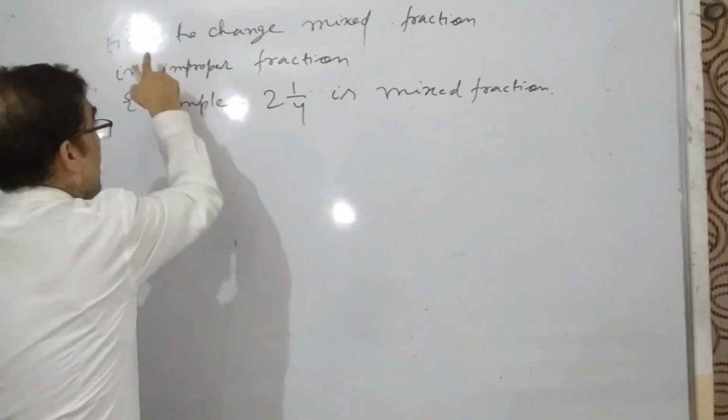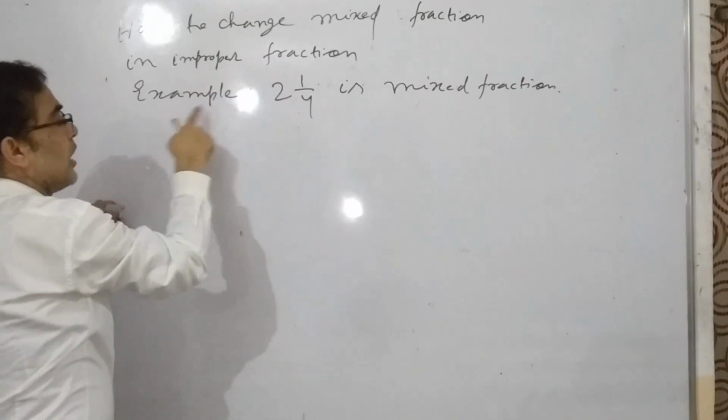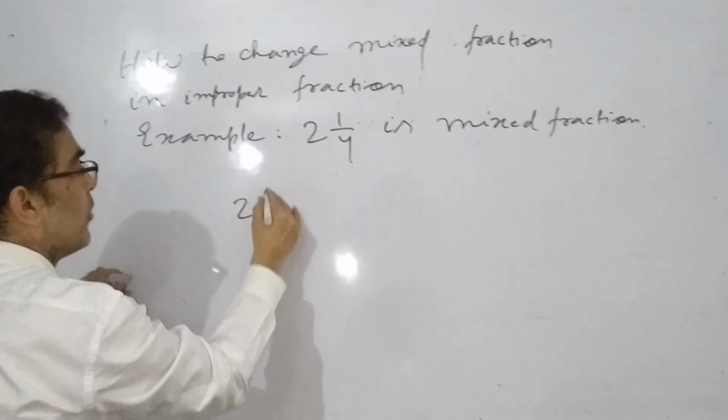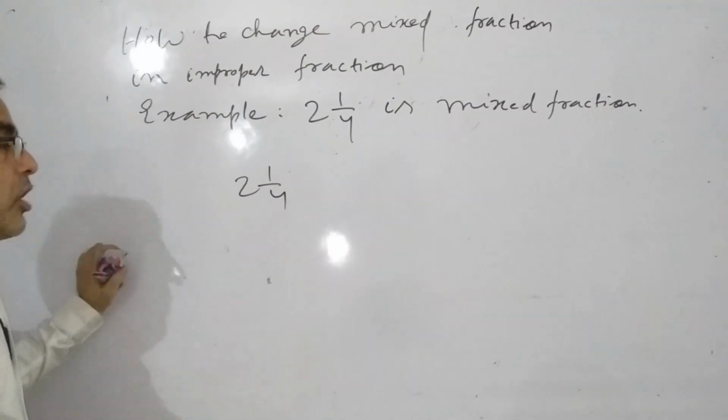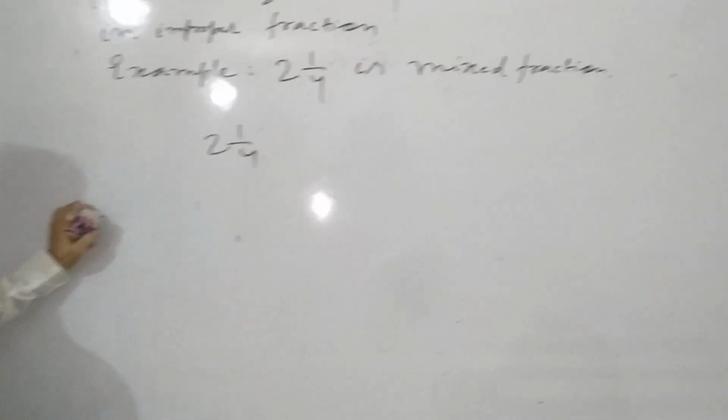Okay, how to change a mixed fraction into an improper fraction? Example: 2 and 1 by 4 is a mixed fraction. And now we have to change it into an improper fraction.